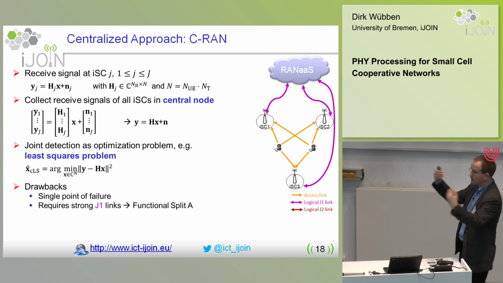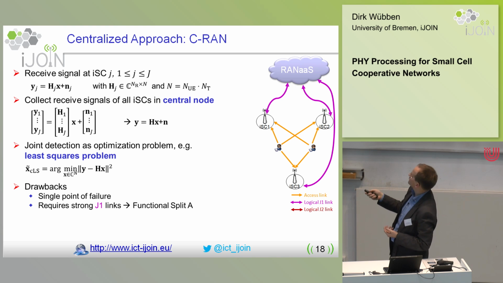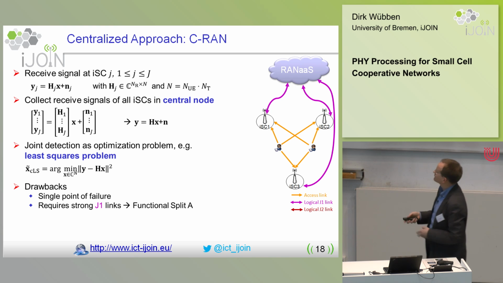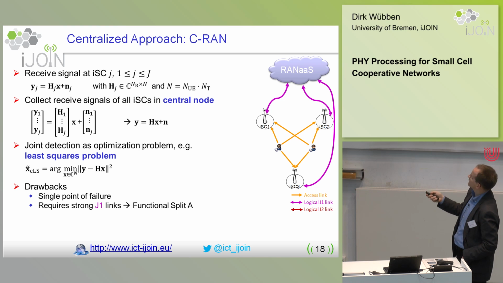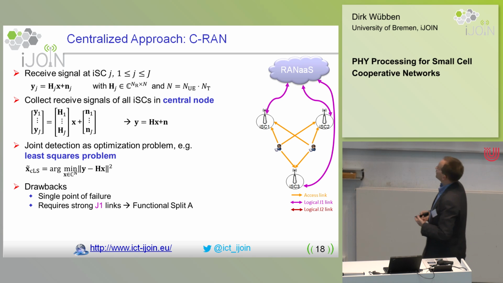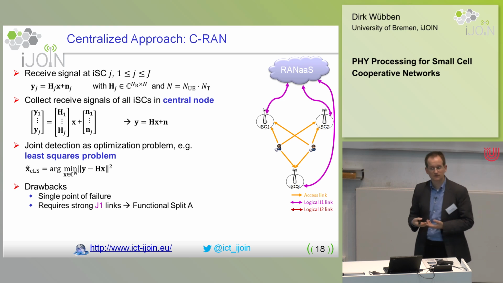And if we now collect all the received signals, Y1 up to YJ, denoting all the ISCs, we can write down an overall MIMO system equation, for which we can then use linear or nonlinear detection techniques in the centralized node.